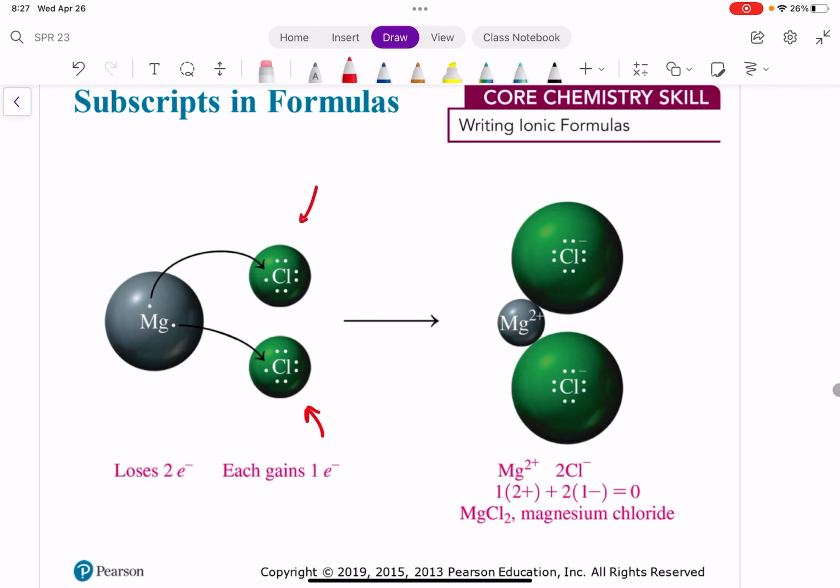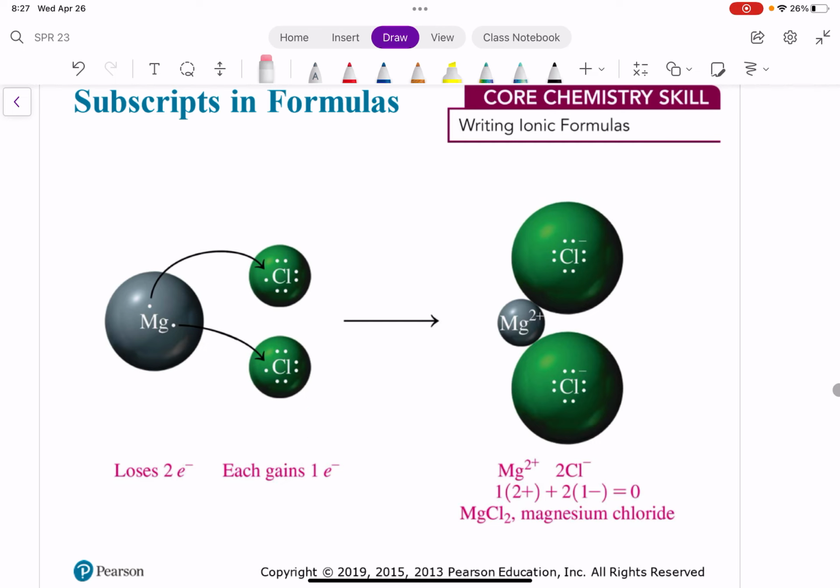There's a lot of atoms around in our universe. So where there's 1 chlorine, there's bound to be more chlorine atoms. So another chlorine is like, hey, I want an electron too, I'll take 1. And magnesium is like, great, here you go. I have 2 I want to give up. So it's going to have to bond with 2 chlorines.